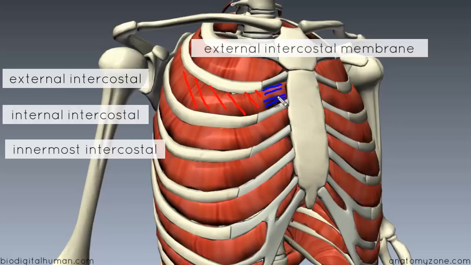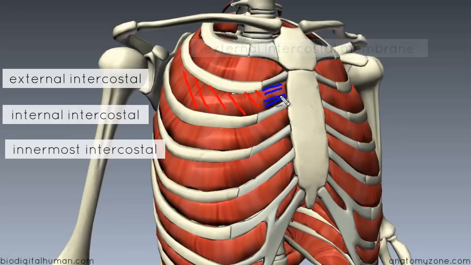Underneath the external intercostal muscle, you've got the internal intercostal muscle, and these fibers are oriented in the opposite direction, in a superior and medial direction. So they're like this. And this doesn't have the aponeurosis which connects it to the sternum.